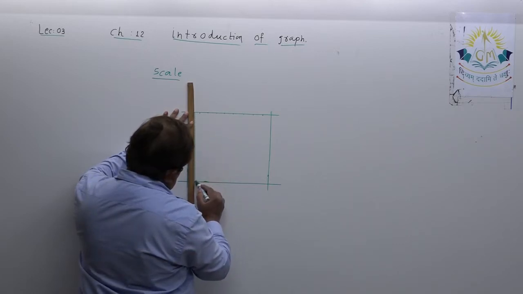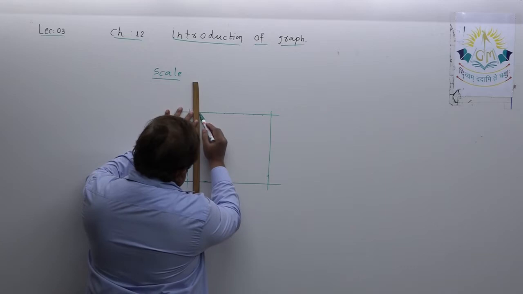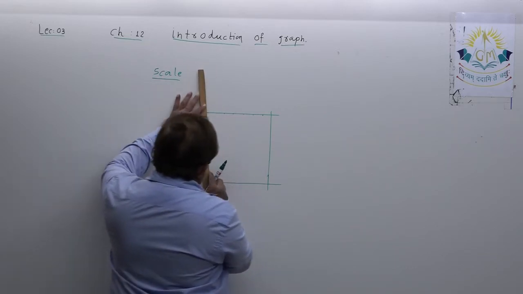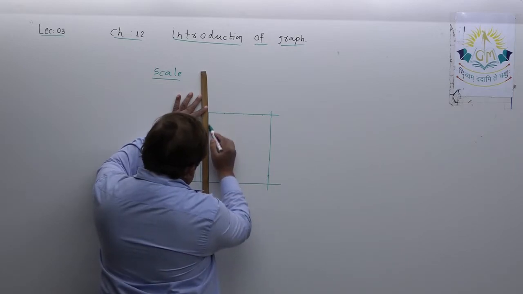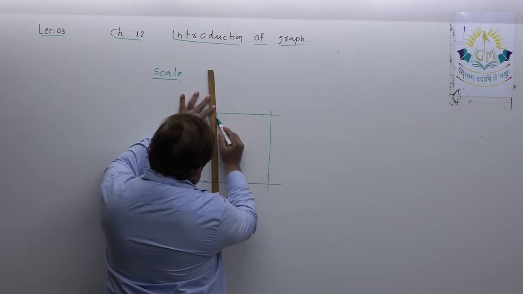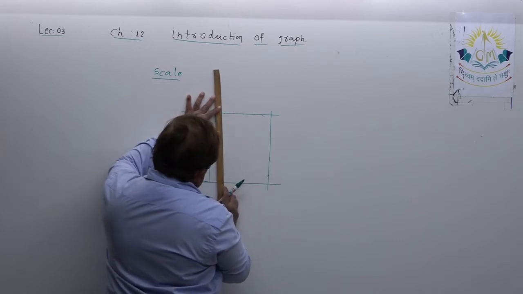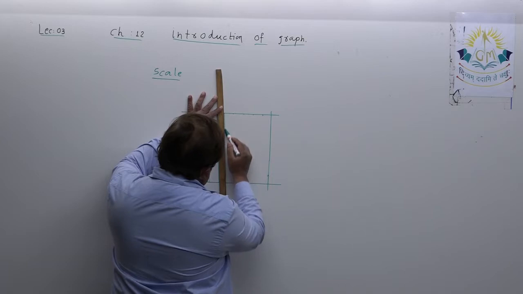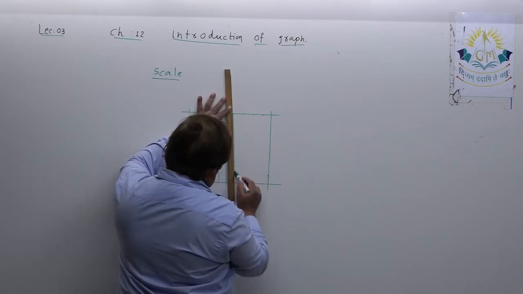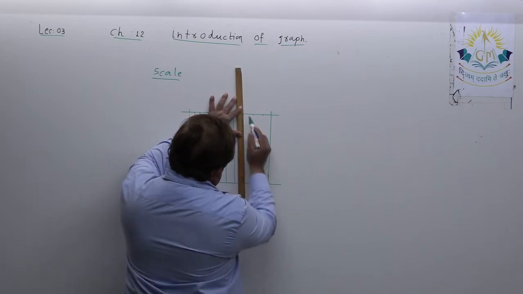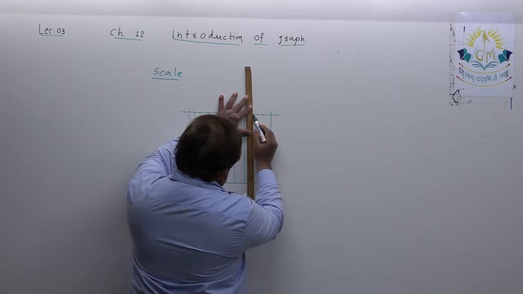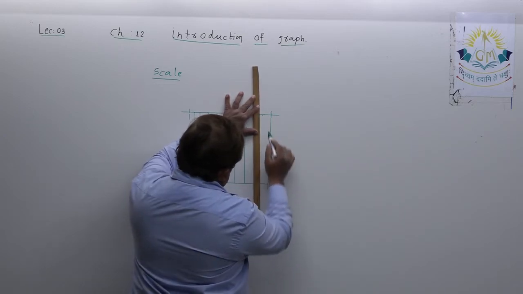First, then the second one, then the third one. I'm just trying to explain the scale factor because I have seen students much confused in taking the scale. That's why I want to explain it to you first.